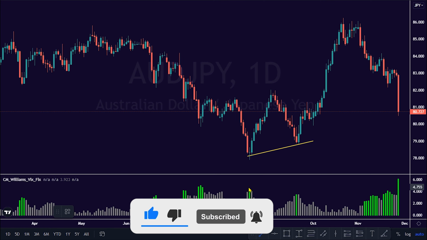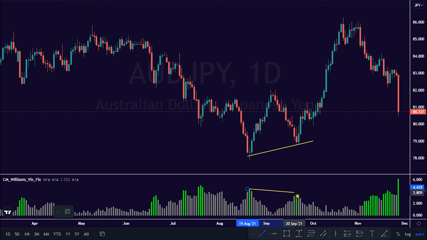On the indicator histogram, we can see how the second top here formed a hidden bullish divergence. The second top here should have swung upward as a higher high, but instead it swung to form a lower high. We can see how it led price into a bullish move.